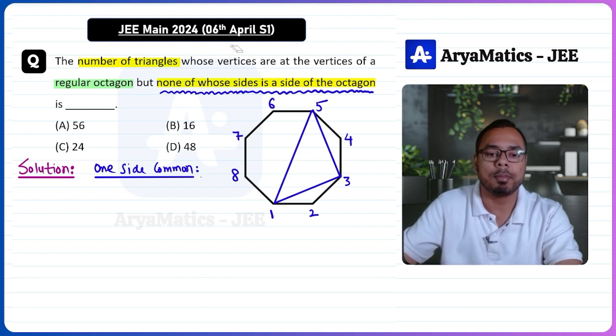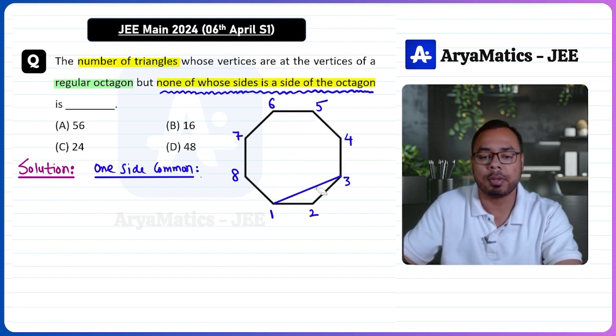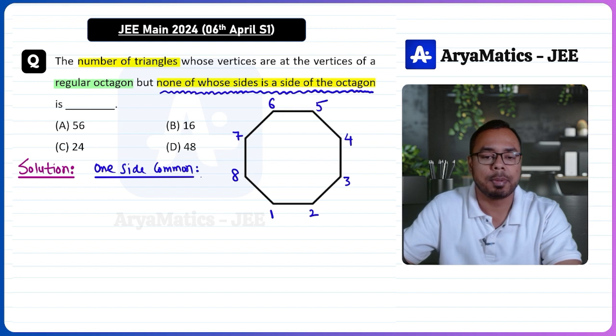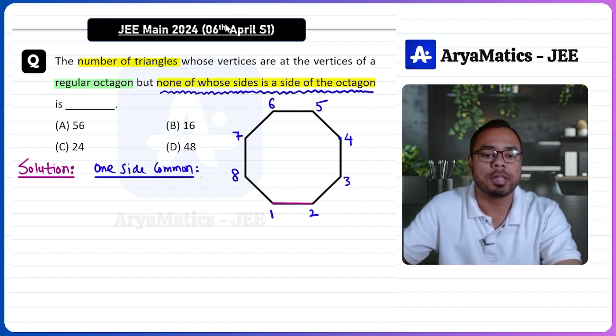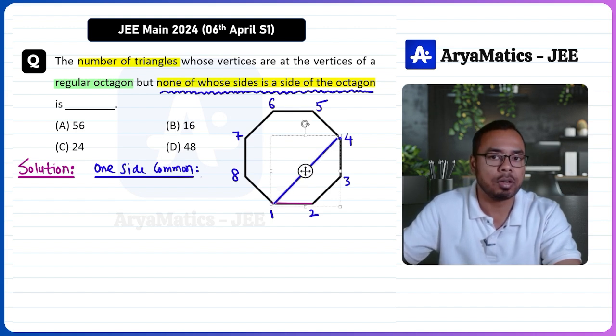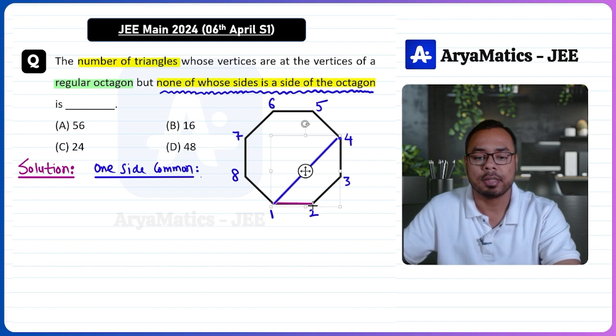So if we talk about the number of triangles having one side common, for example, let us say I select points 1, 2, and then the next point we select is this point 4, right? Then there is one side common between the triangle and the octagon, and that side is the side joining these two vertices 1 and 2.